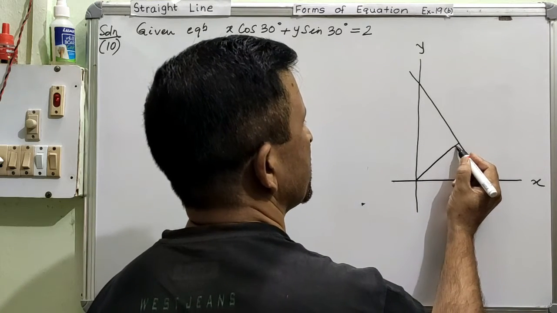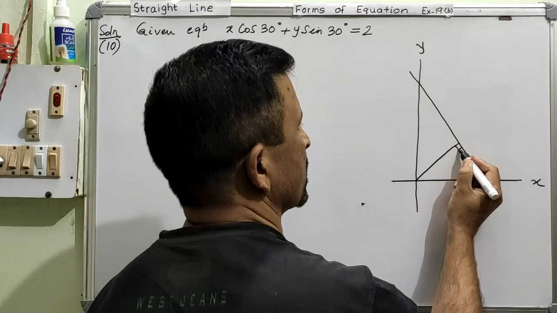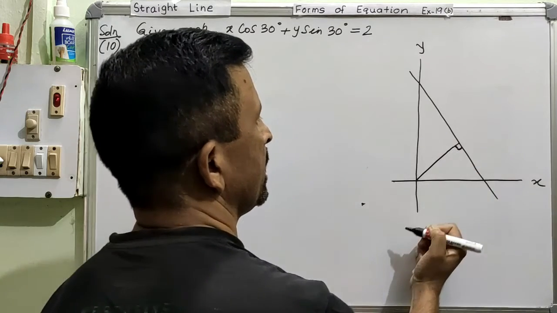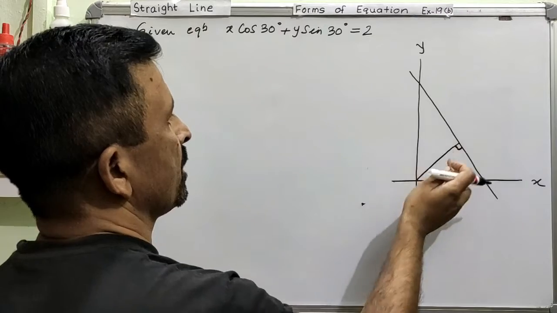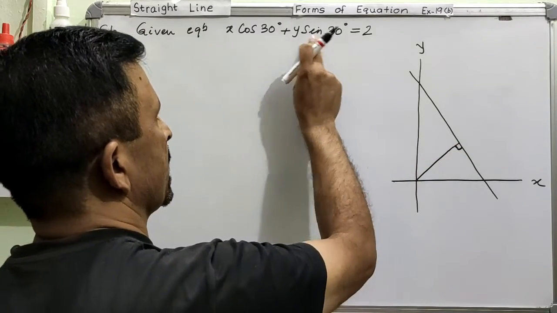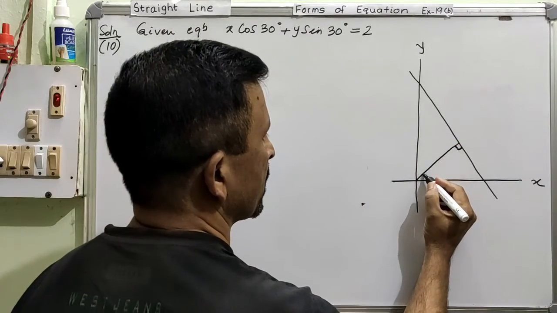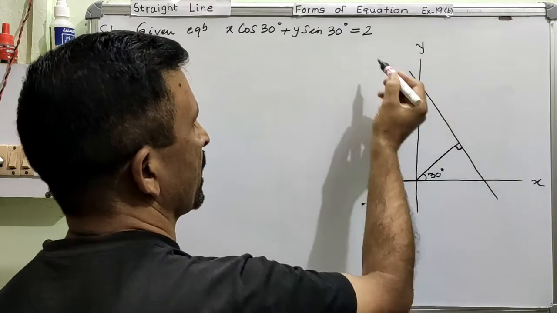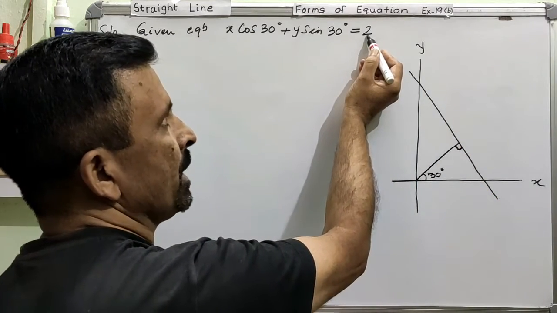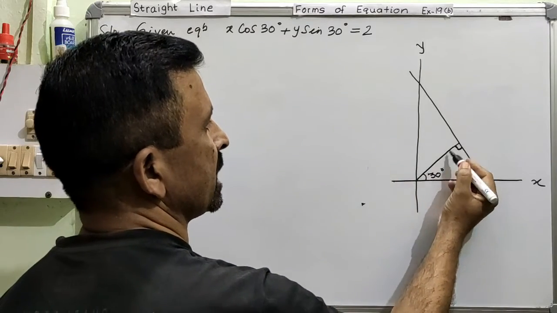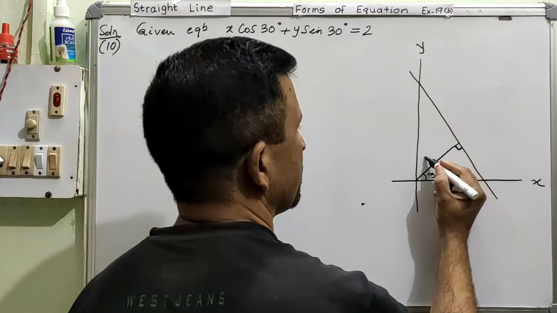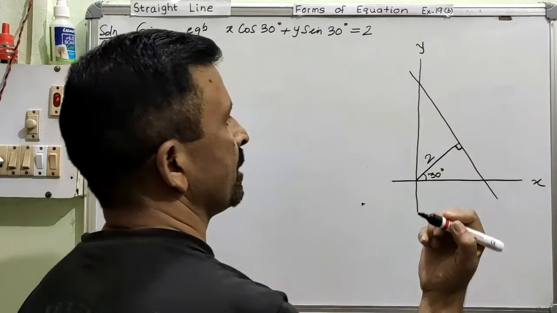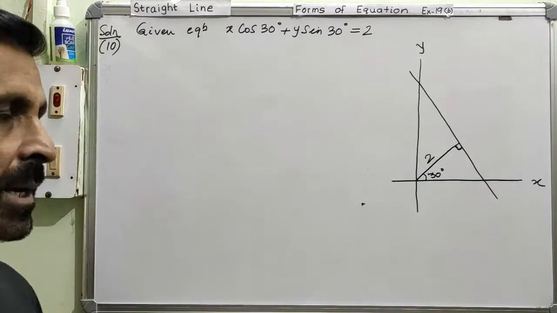This is perpendicular, so we give this mark. Now this perpendicular makes an angle of 30 degree, so we write this as 30 degree. This is the perpendicular distance of the line from the origin, so this distance is 2 unit. Is this okay? So this is the first part of your question.